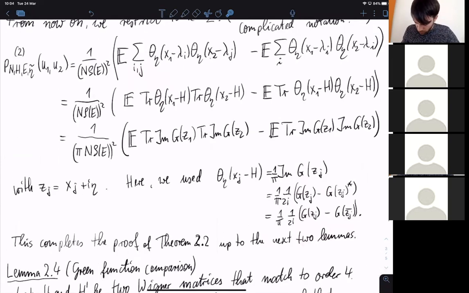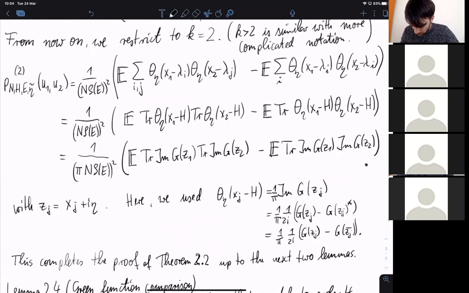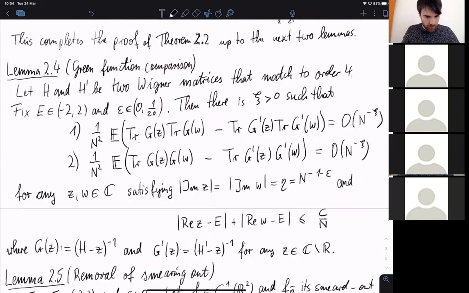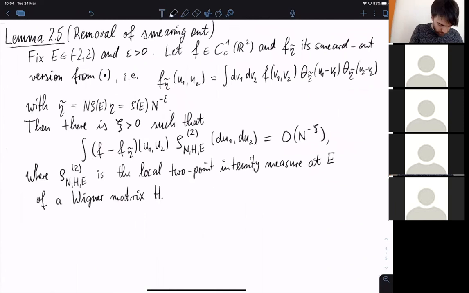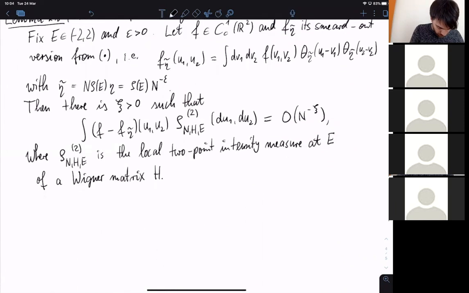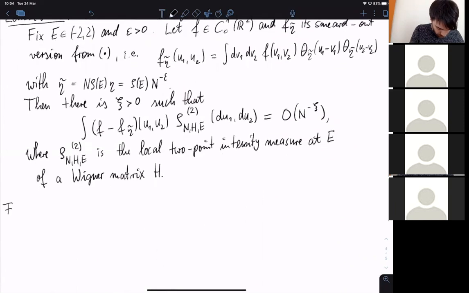First, let me call this equation double dot, and now this equation double dot plus lemma 2.4 imply what I call this new goal.